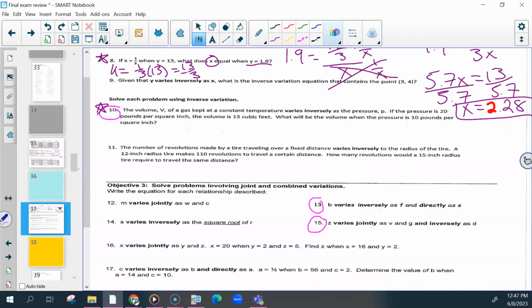For 10, we have the volume V varies inversely as the pressure P. So V is going to be like our Y, P is going to be like our X. P or X is 20. And the volume or Y is 13.